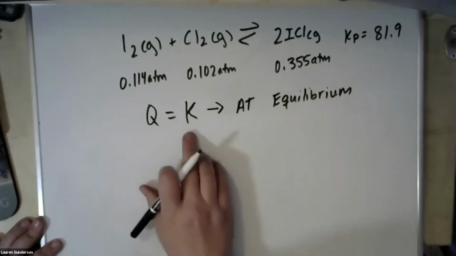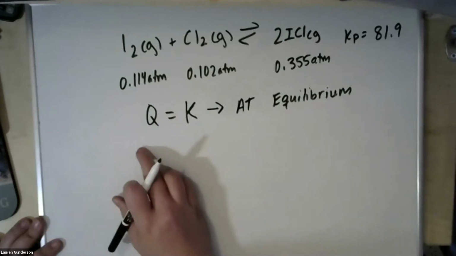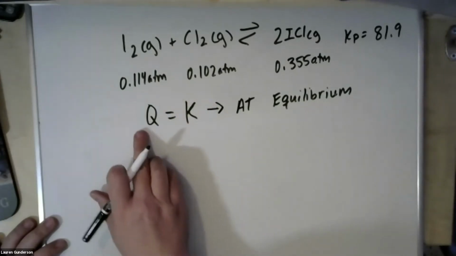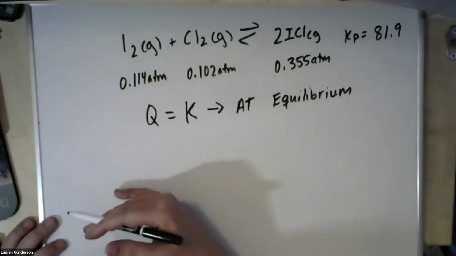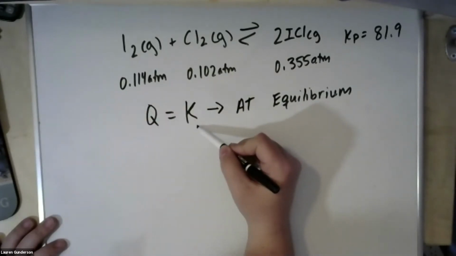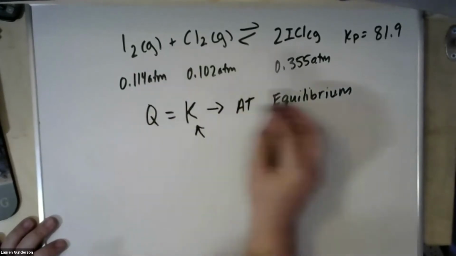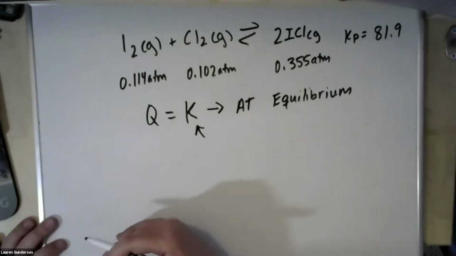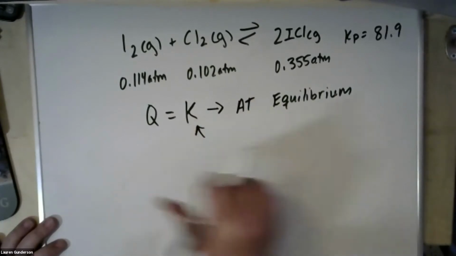When your Q is not equal to your K, your reaction is going to change so that the ratio of products to reactants equals the K value. The reaction is trying to get back into position, so the ratio of products over reactants raised to the coefficients is equal to the K value that you're given over here.